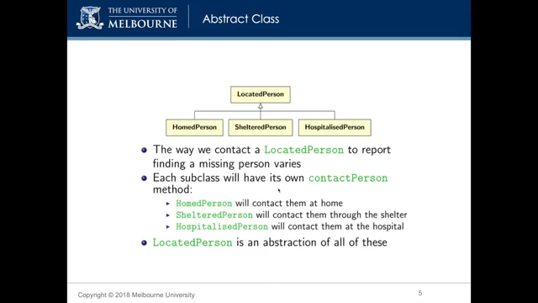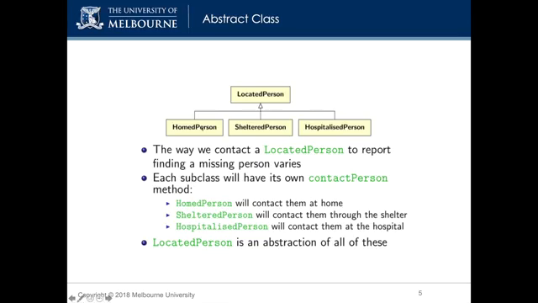Now, if we look at an abstract class and what an abstract class is, hopefully I'll give you some demonstrations as to how this class is implemented and the differences between it and an interface. If we look at the example that we've been working with, which is the located person, the way that a located person reports finding a missing person varies.